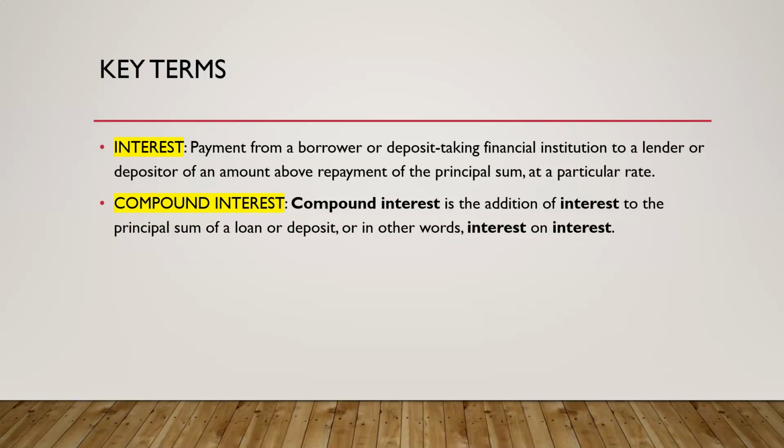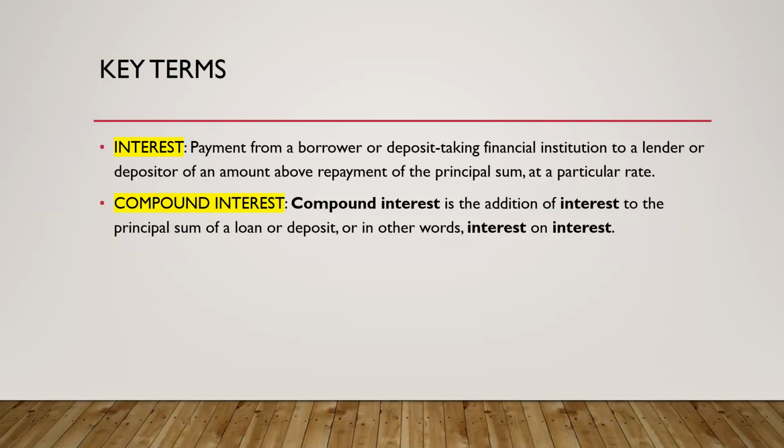Compound interest. So compound interest is the addition of interest to the principal sum of a loan or deposit, or in other words, interest on interest. So say you deposited $100 in a bank, and if the bank takes a system of compound interest, and the rate of interest is 10%, so on $100 after a year you should have 10% plus $100, so that's $110.